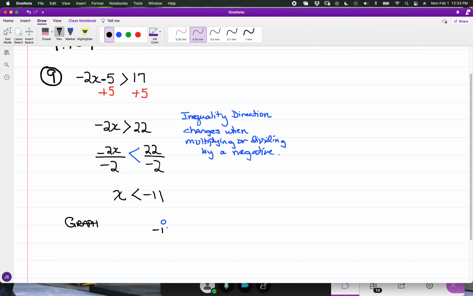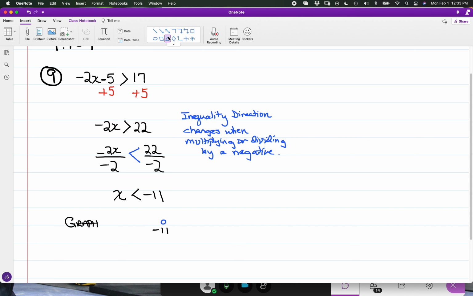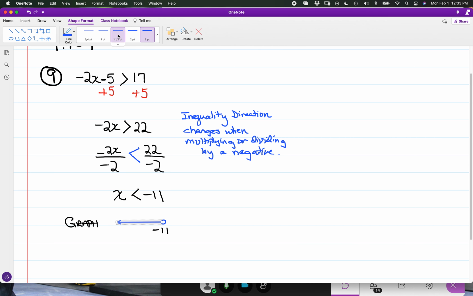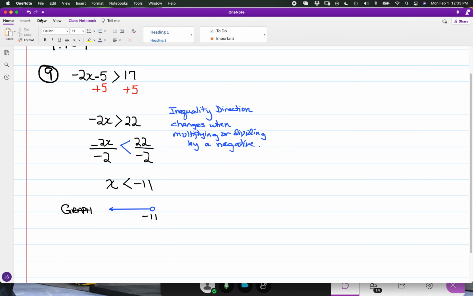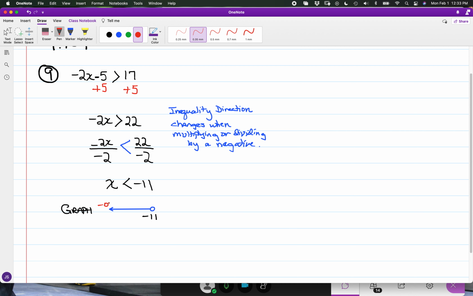Negative 11 is not included, so I could have a parenthesis or an open circle, and then for the values less than negative 11, I'm going to have a ray that goes continuously out to the left, whereupon the lower limit will be extending out to negative infinity.